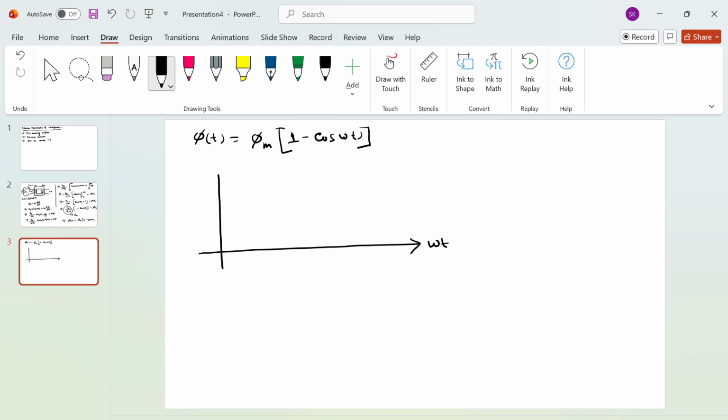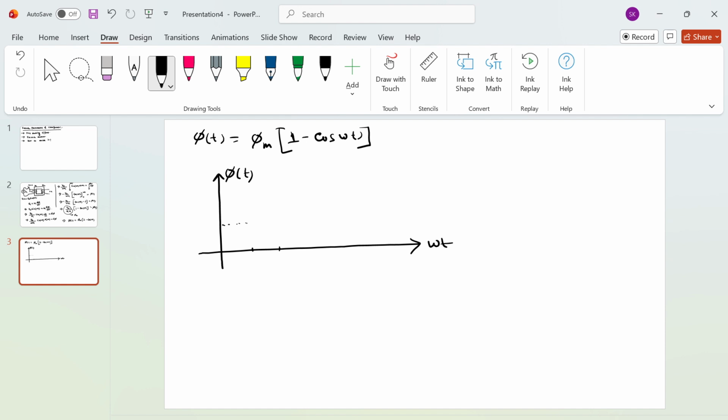Let's say this axis is omega t, and this is phi of t. At t equal to 0, cos omega t is 1, so this quantity will be 0. At omega t equals pi by 2, cos is 0, so it will be simply phi m. And when omega t equals pi, cos will be minus 1, so 1 minus minus 1 is 2.